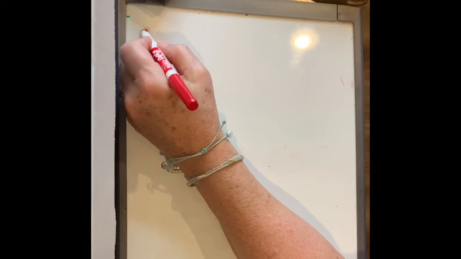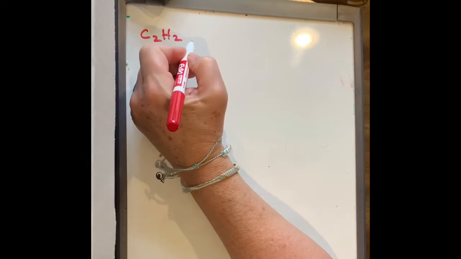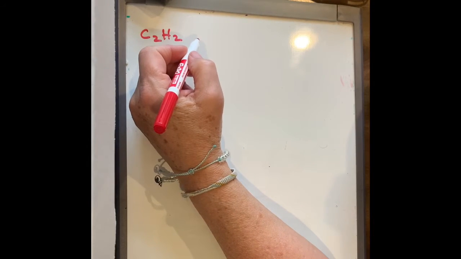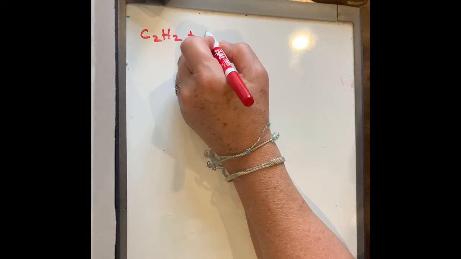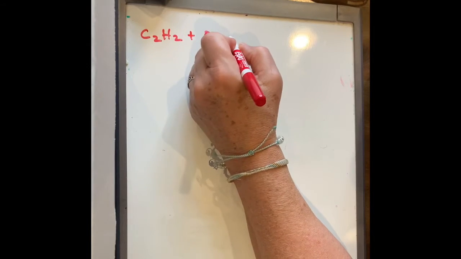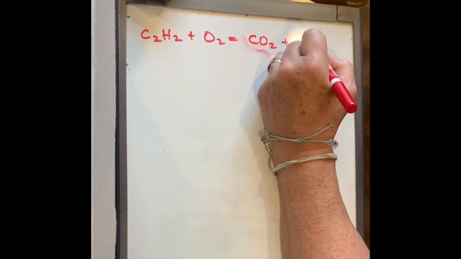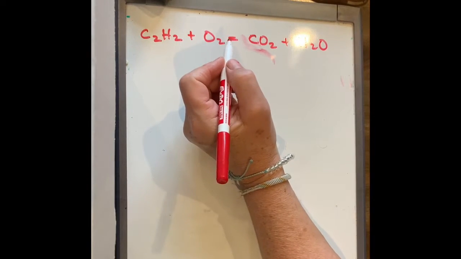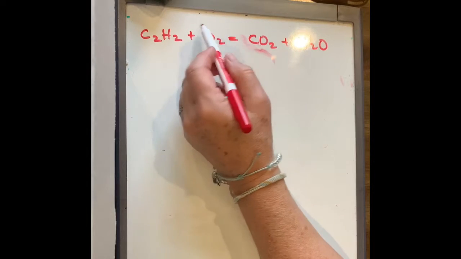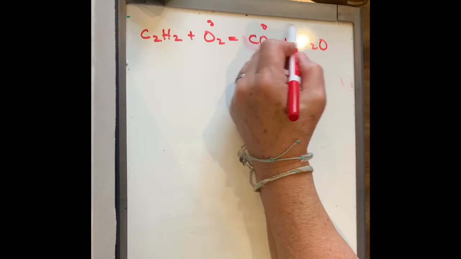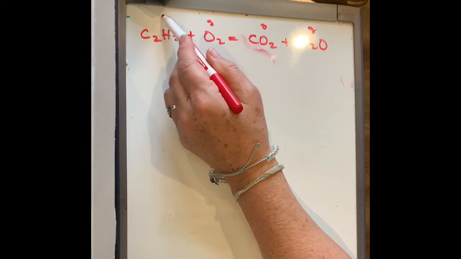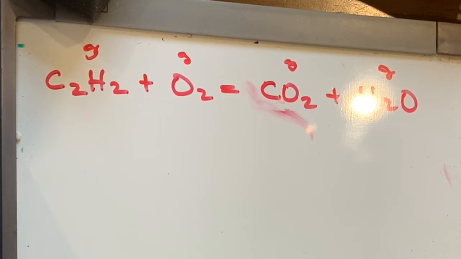So we work with C2H2. And we know that if it's going to be a complete combustion, we add oxygen and we get CO2 plus H2O. Okay, and these are all gas. I'm assuming this is balanced.